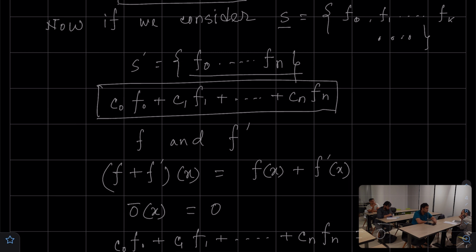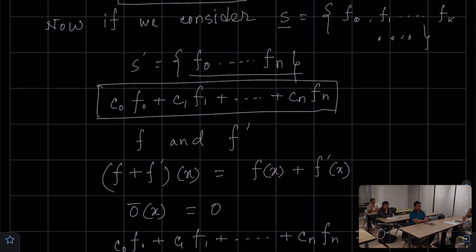So it is sufficient to prove that the subset S prime is linearly independent, and that every subset of S is linearly independent follows from this. How?